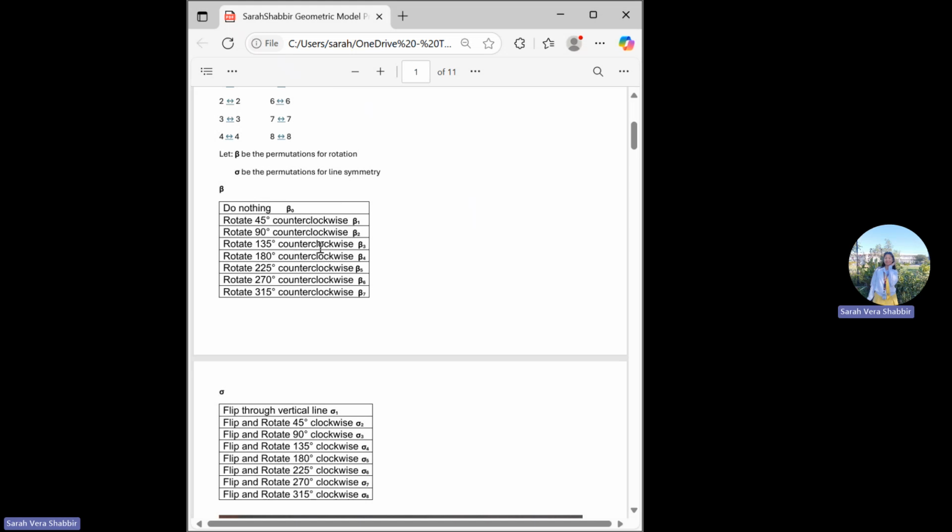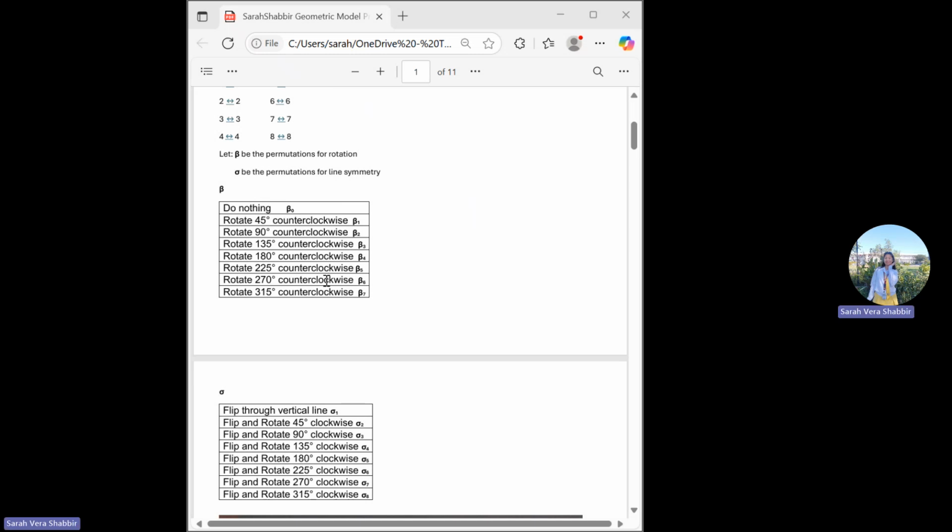B sub 3 rotates 135-degree counterclockwise. B sub 4 is rotate 180-degree counterclockwise. B sub 5 is rotate 225-degree counterclockwise. B sub 6 is rotate 270-degree counterclockwise. And B sub 7 is rotate 315-degree counterclockwise.